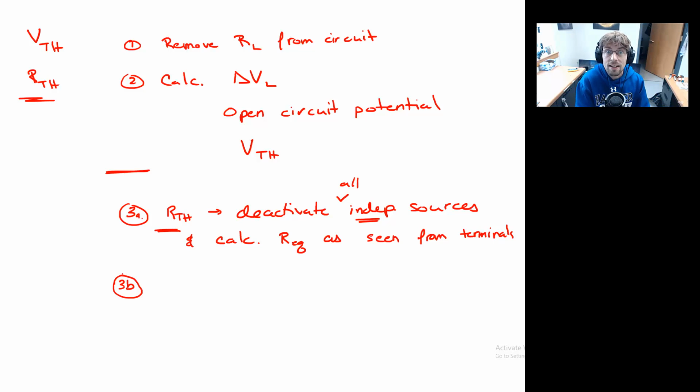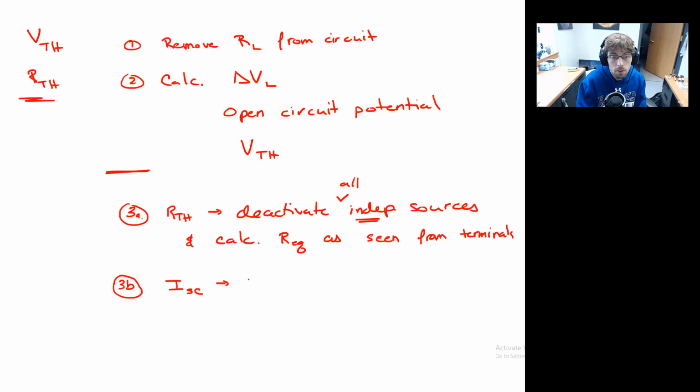Rather than deactivating the sources and figuring out the resistance directly, what we are going to do is leave the sources in the circuit, and rather than having the load resistor, we're going to put in a wire. Now, what do we want to do? We want to find the current which will flow through that wire that we have introduced into the circuit. That current is called the short circuit current. I'll probably label it as I short circuit, ISC.